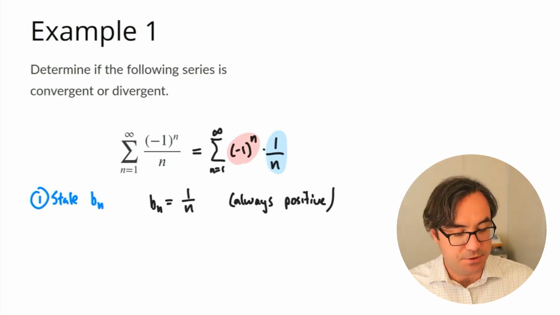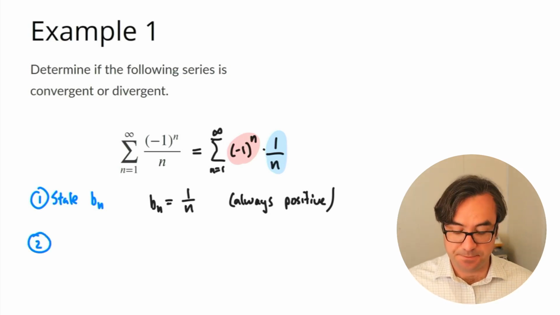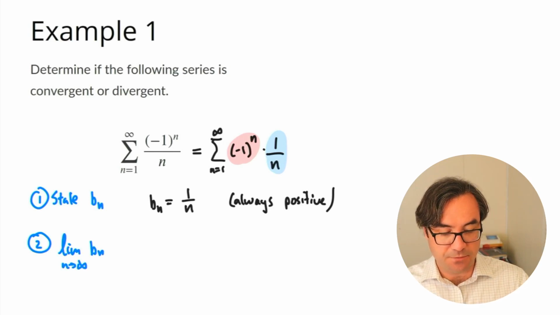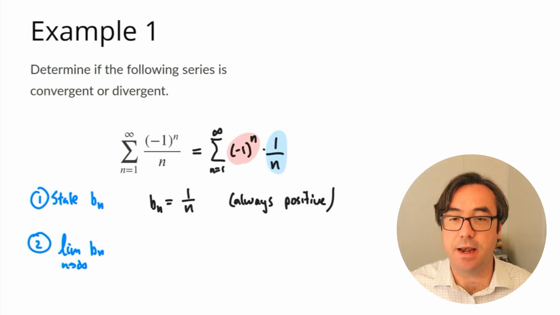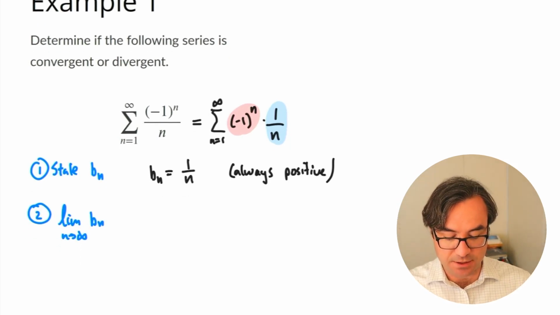Okay. So then after that, we want to calculate the limit of Bn. Again, for the alternating series test, we're working with the non-alternating part. So we want to calculate the limit of Bn and show that this limit is 0.